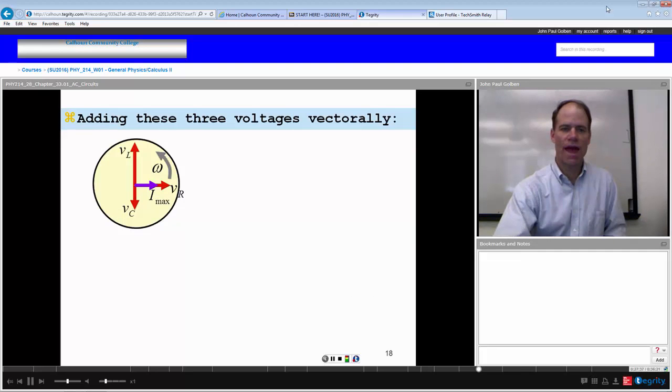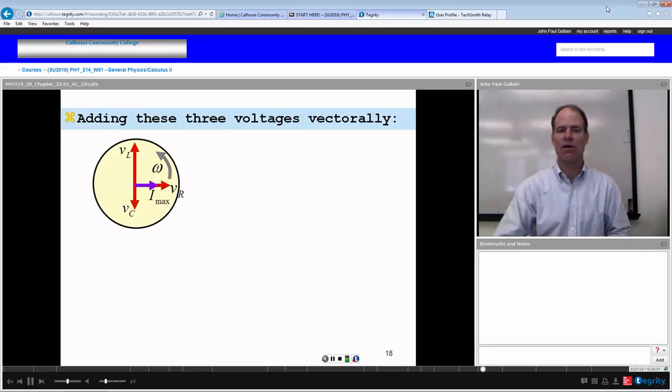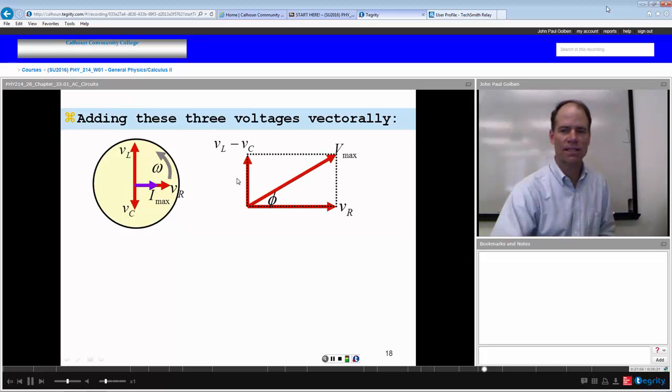If we were to add these voltages together vectorially, we could subtract the voltage of the capacitor from the voltage of the inductor and get some net voltage in the y direction, and that will be perpendicular to the voltage of the resistor. So we can add these voltages together and then vectorially determine our maximum net voltage for this circuit.